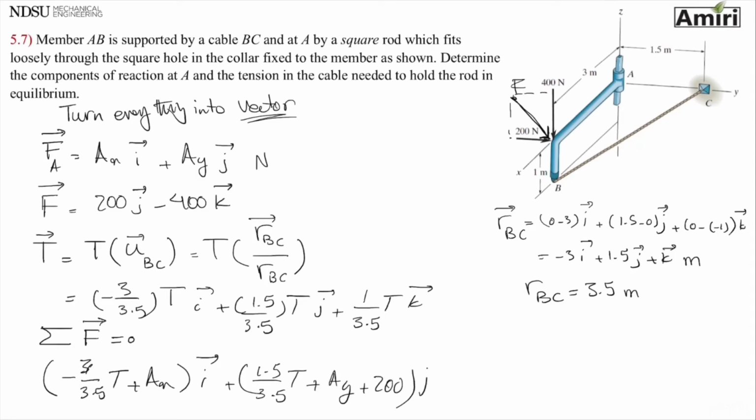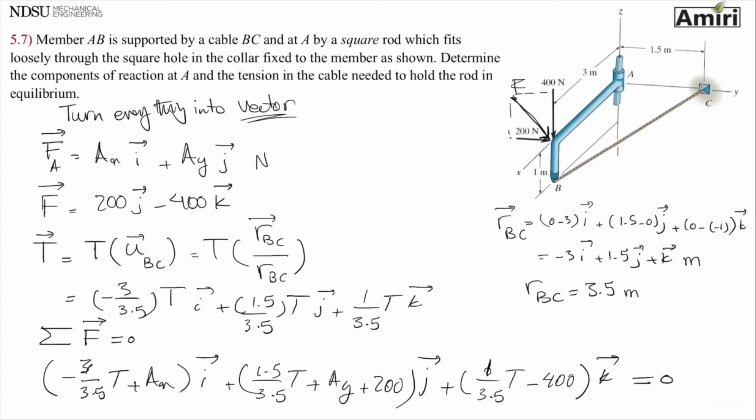Anything with a J, I'm just putting it together. And the last one is 1 over 3.5 T, AX, AY, I see a 400K, and that's it.